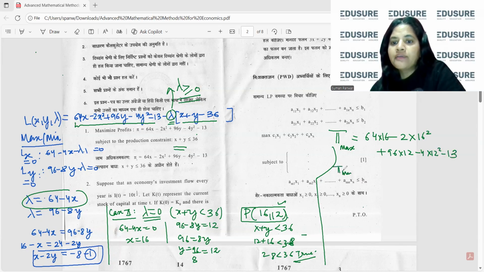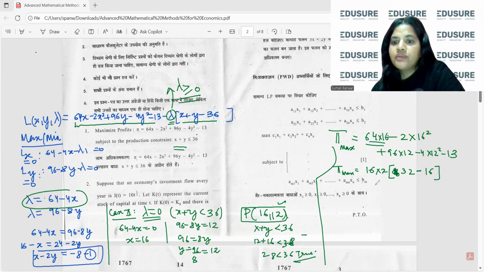We take 16 into 2 common from the first, so I'll be left with 32 in this and over here I'll be left with 16.